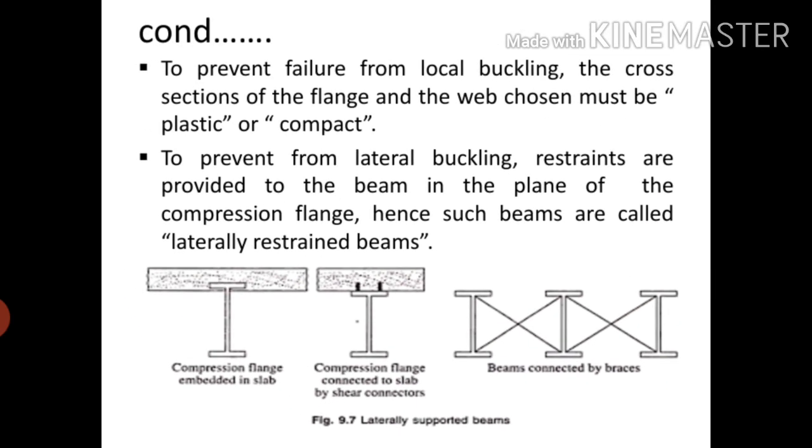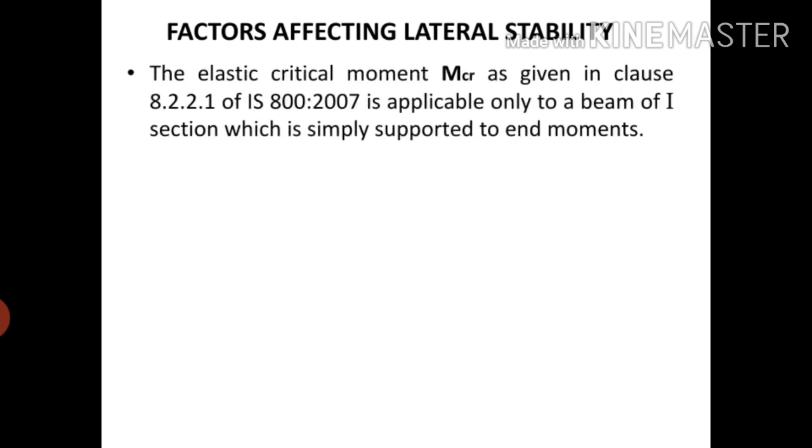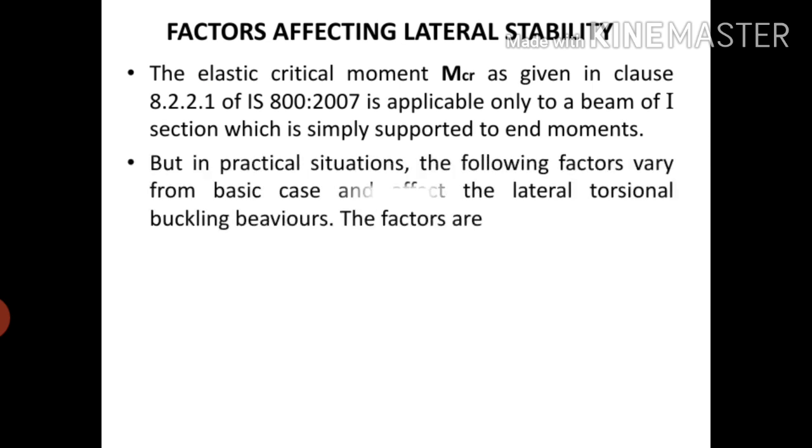Then what are the factors affecting lateral stability? The elastic critical moment MCR as given in clause 8.2.2.1 of IS 800:2007 is applicable only to a beam of I section which is simply supported with end moments.